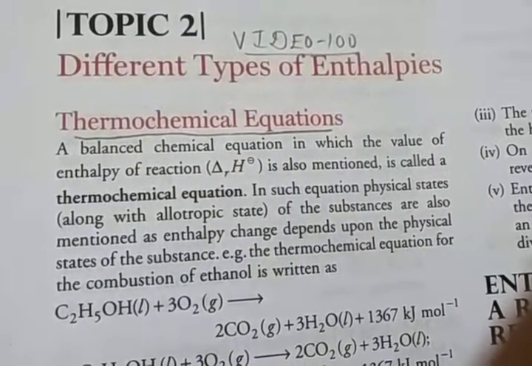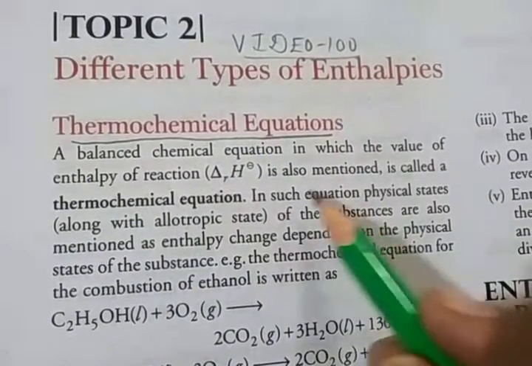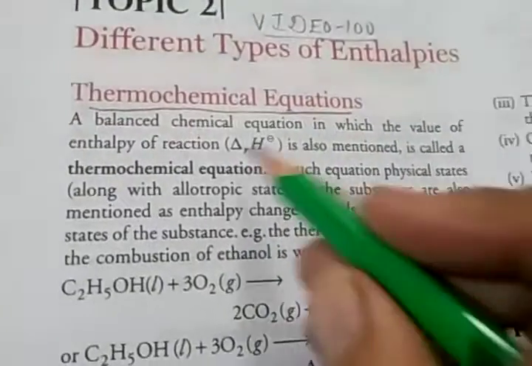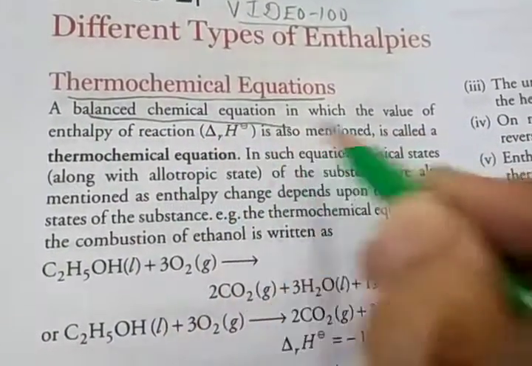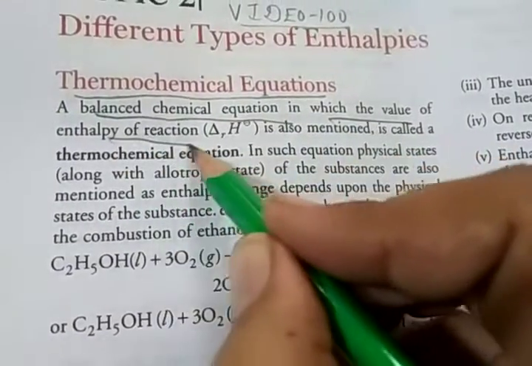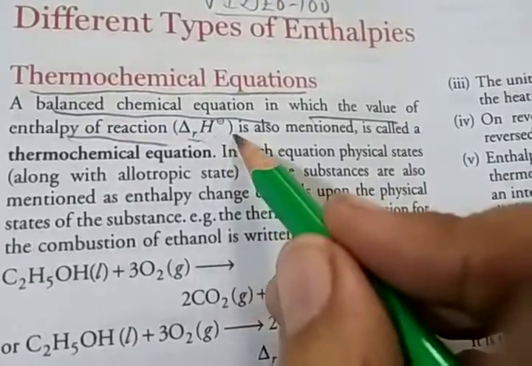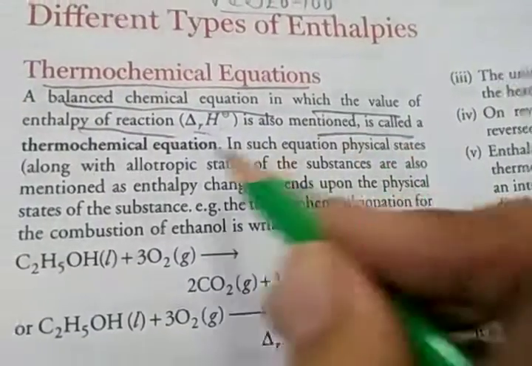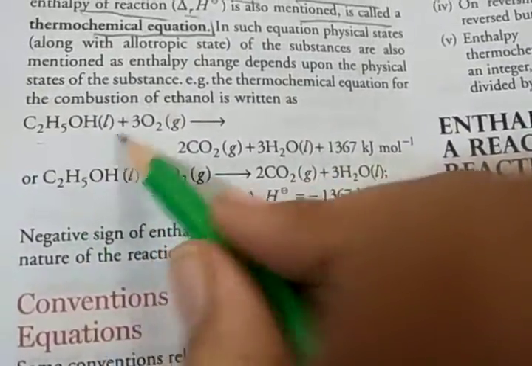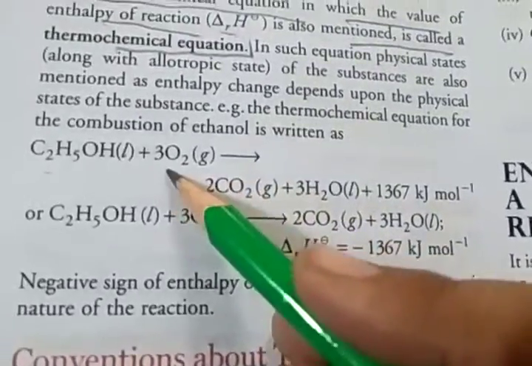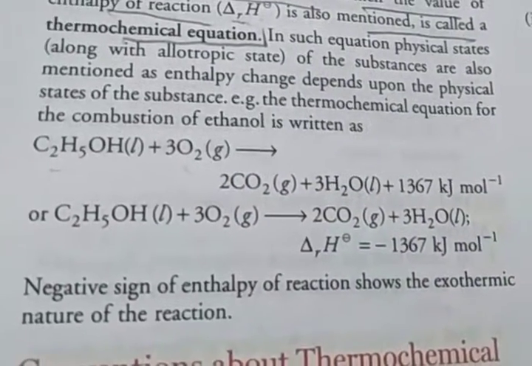A thermochemical equation is a balanced chemical equation in which the value of the enthalpy of the reaction, delta rH naught, is also mentioned. See here, C2H5OH, ethanol, is oxidized in the presence of oxygen, a combustion reaction.